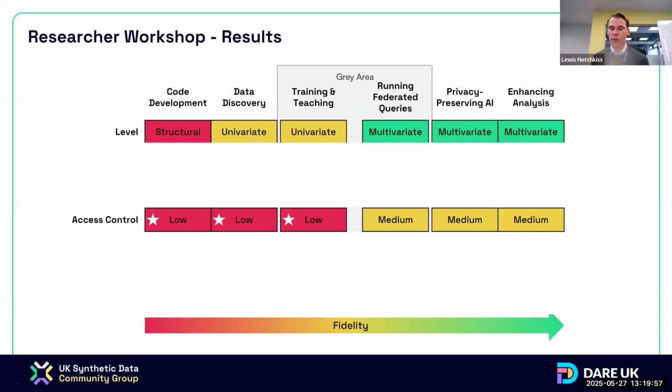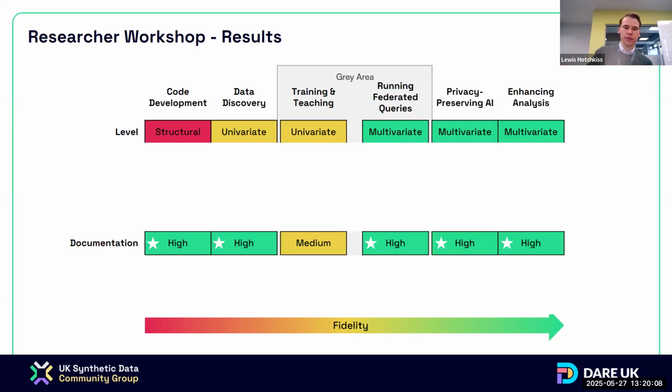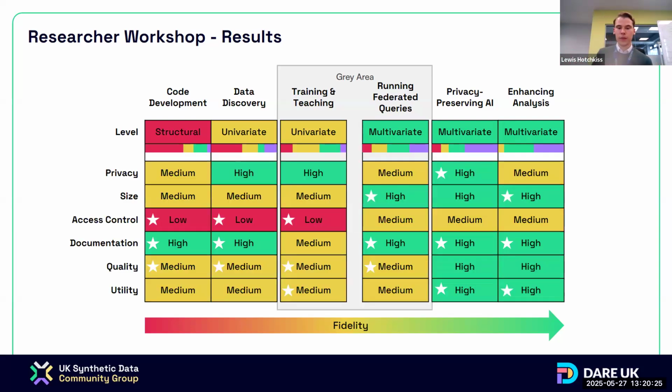For the higher fidelity ones, these should have a lot more safeguards around them, but still be easier to access than original data, apart from the more advanced higher fidelity synthetic data. But as well, documentation was seen as highly important across all of these different use cases. So we really need to make sure that all of our synthetic data, no matter what the purpose, is generated with high documentation, with transparent methods and evaluations as part of those.